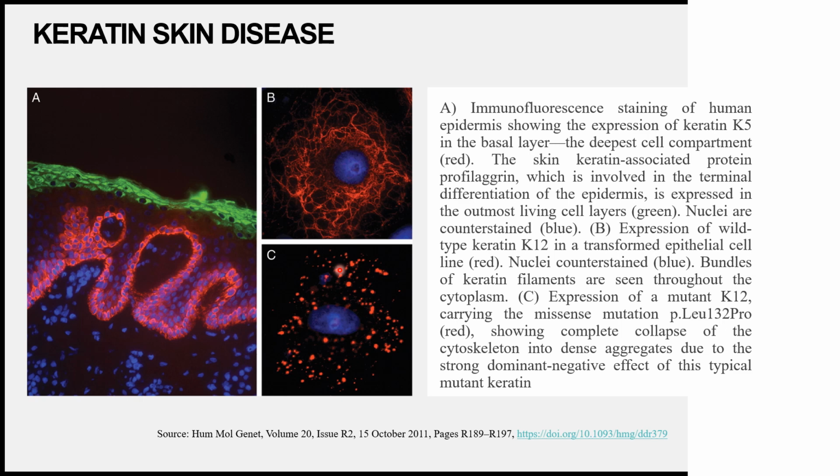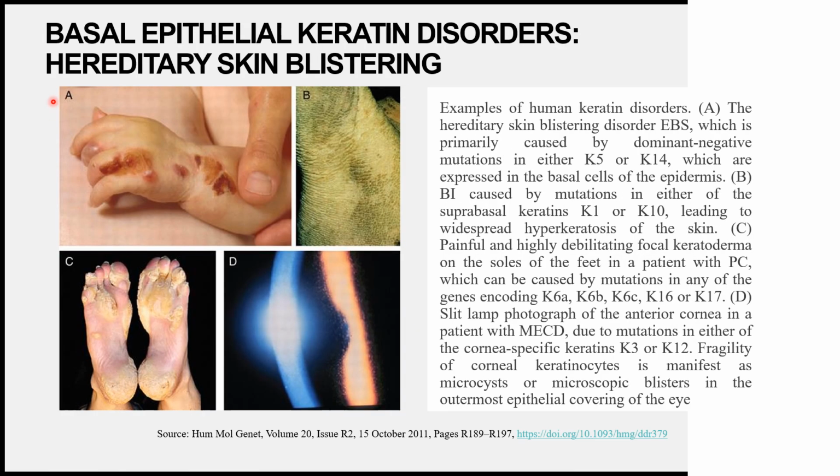Now what will happen when someone has this kind of mutation? Let's look at the next slide. Here are some pictures showing keratin disorders. A common feature in all these pictures is skin blistering. It can be very painful and highly debilitating.